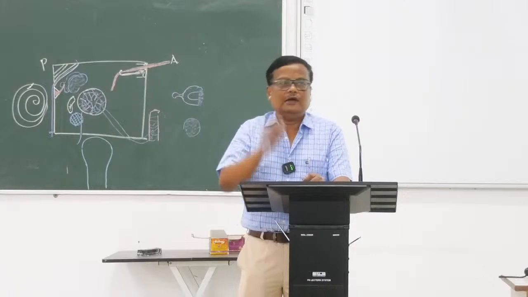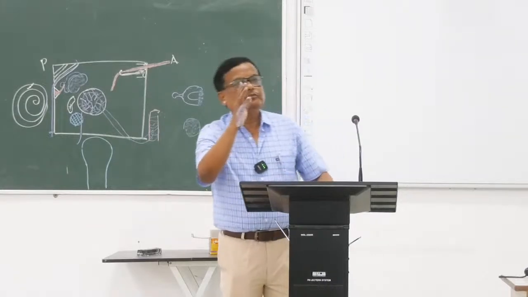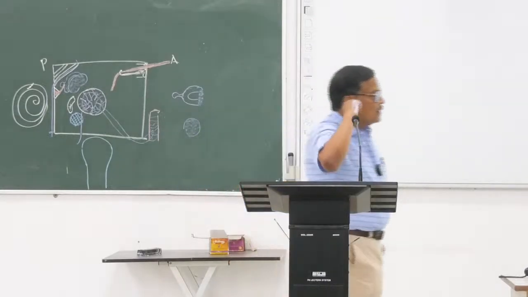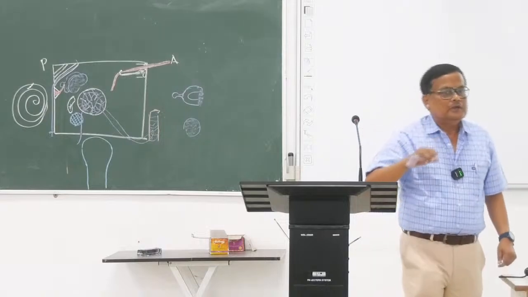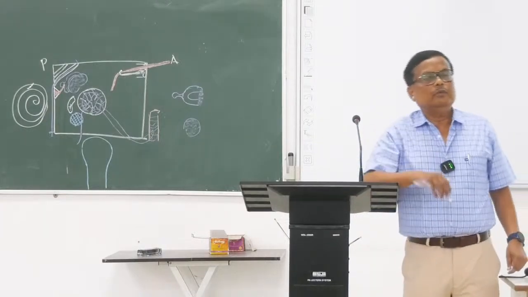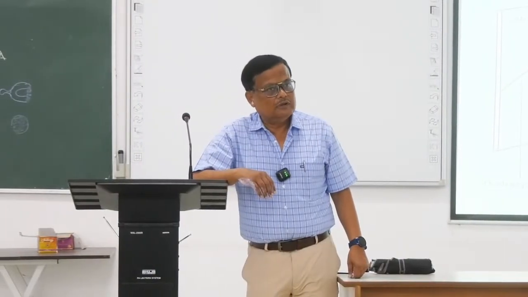And these three layers develop from three sources. The outer layer, stratified squamous keratinized, develops from the first branchial cleft.